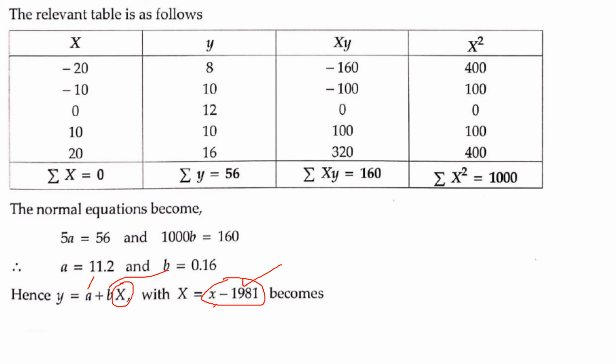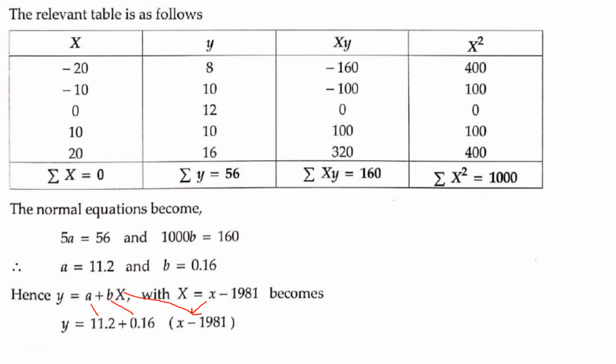Now we have to replace it back here because we want the equation in terms of small x and small y only. Yes, we have replaced the values of a and b and capital X as well.